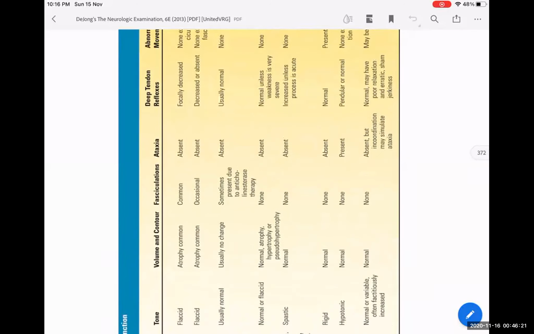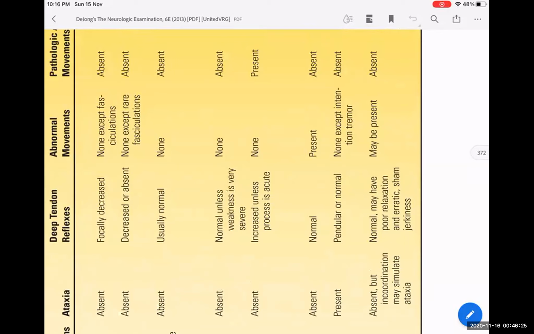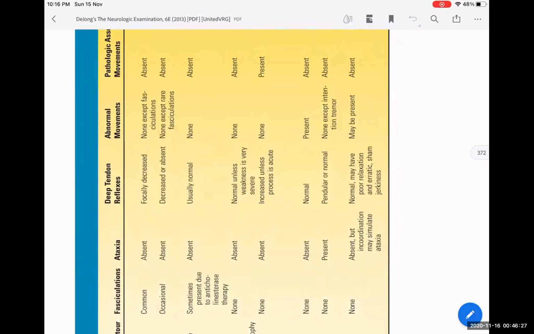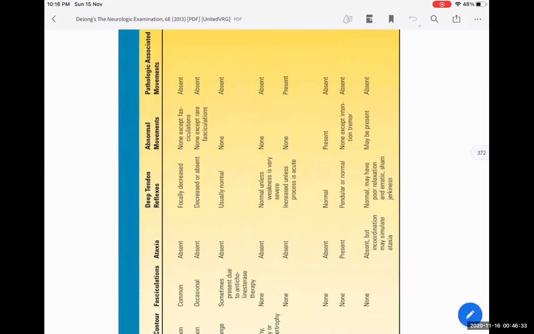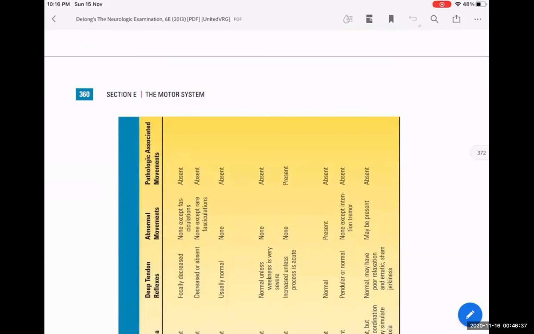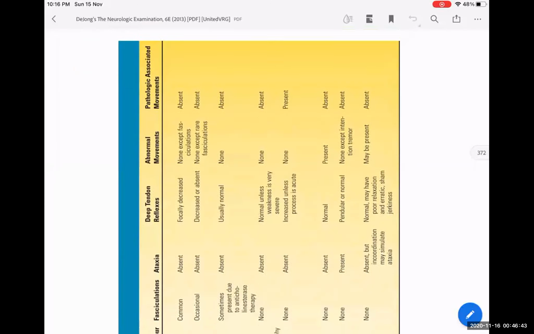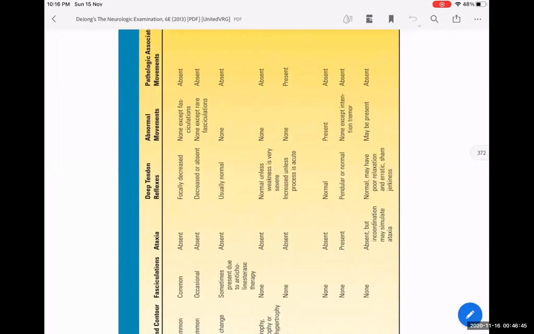Fasciculations will not be there. Ataxia will be present. For deep tendon reflex, the only thing we can have is a pendular knee jerk. For abnormal movements, you can have an intention tremor. Pathological associated movements are absent. Abnormal movements are a sign of the basal ganglia or extrapyramidal system being involved. Pathological associated movements are nothing but your frontal lobe release signs: grasp, sucking, snout reflex.